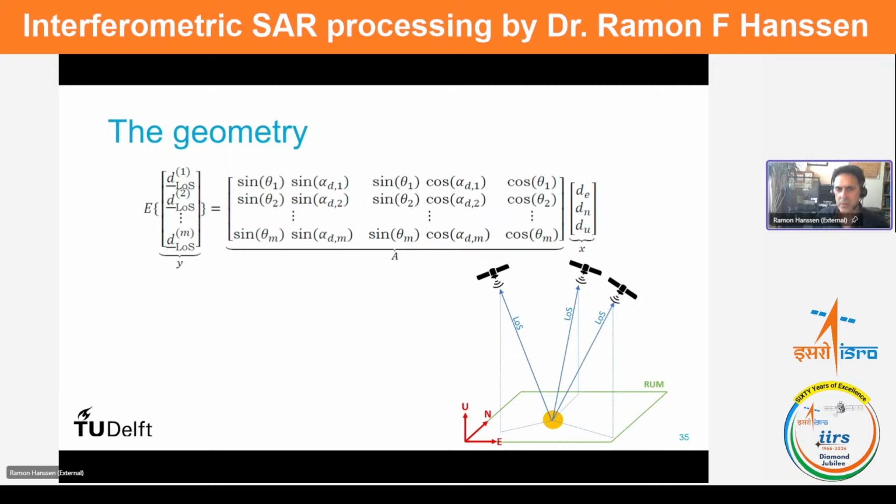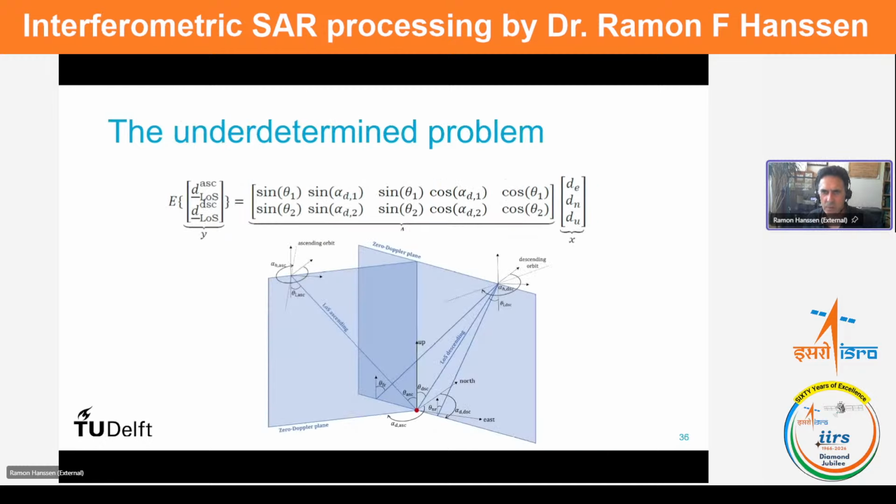Okay, now we first want to have a look at the case which we usually have, that is that we have typically only 2 viewing geometries, an ascending and a descending image. Sometimes we have 2 ascending and 2 descending, depending on the latitude where we are, but actually the angular differences are very, very small. So it makes sense to look at this problem.